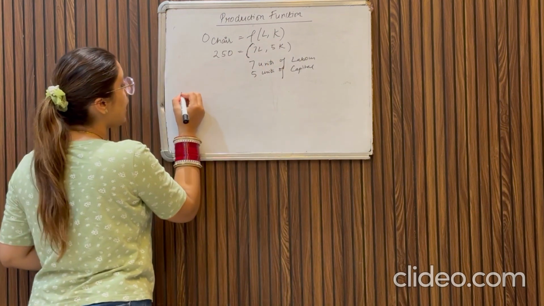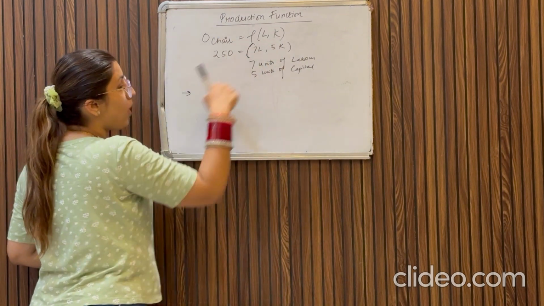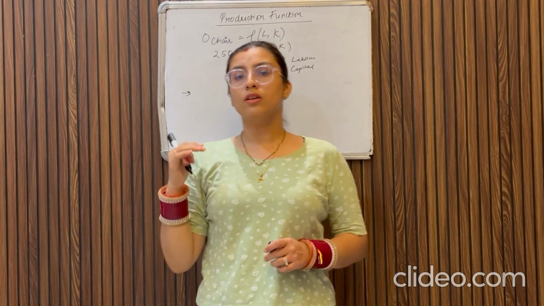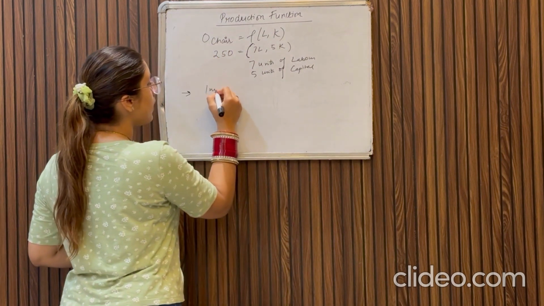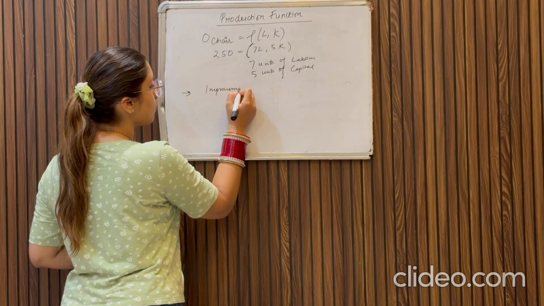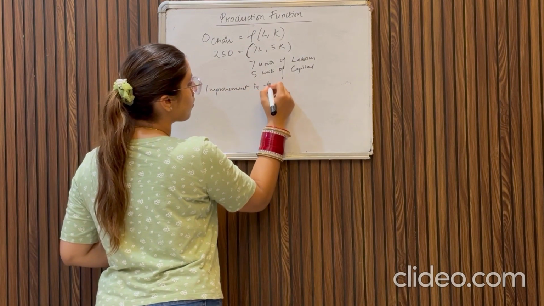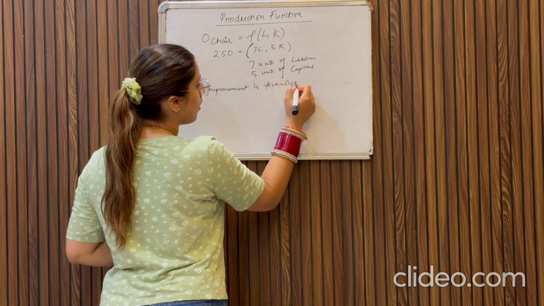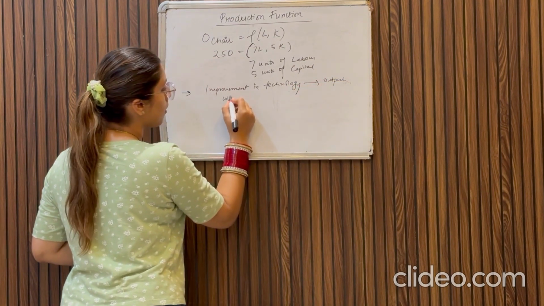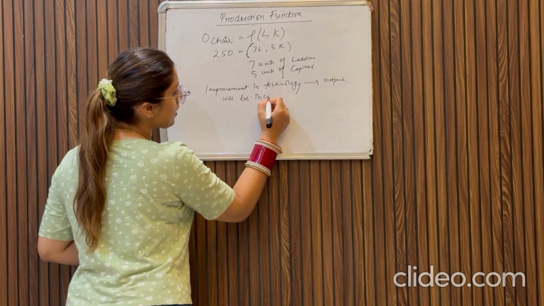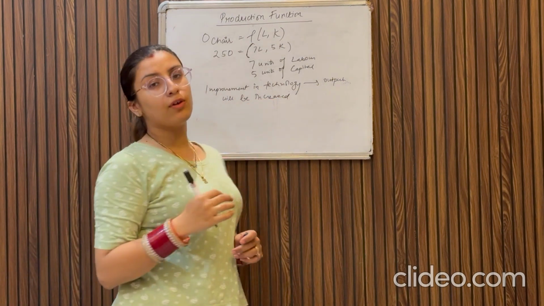So next, the production function is always said in terms of technology. If there is improvement in technology, then the output will be increased. Output will be increased even with the same level of inputs.